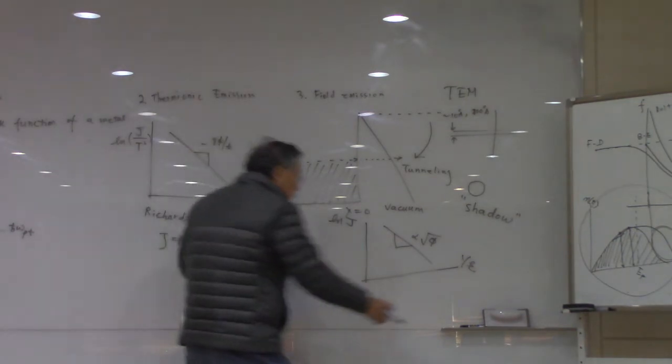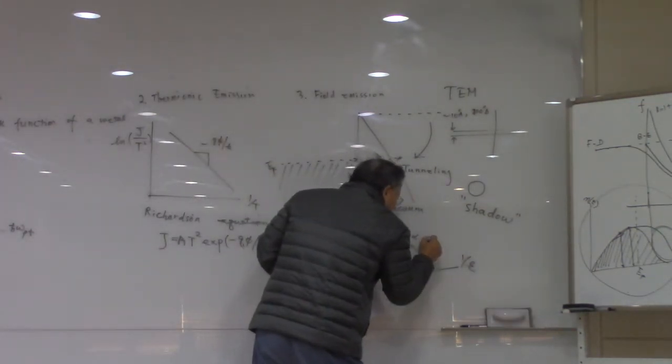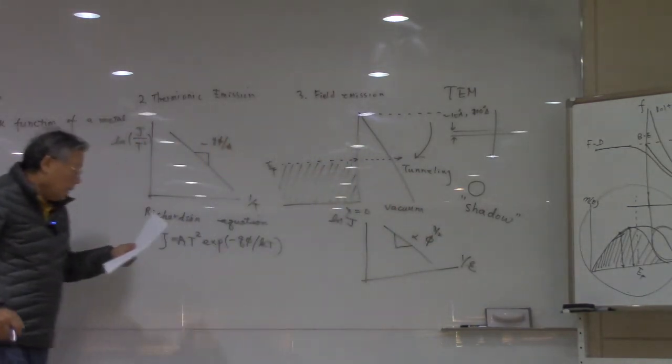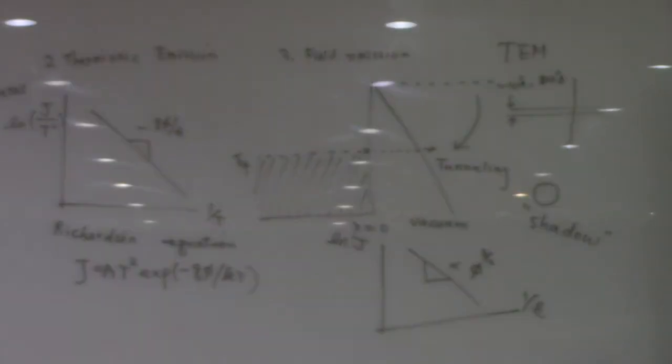Oh no, not the square root, 3/2. Okay, we can get that equation, and that is coming from the tunneling probability.